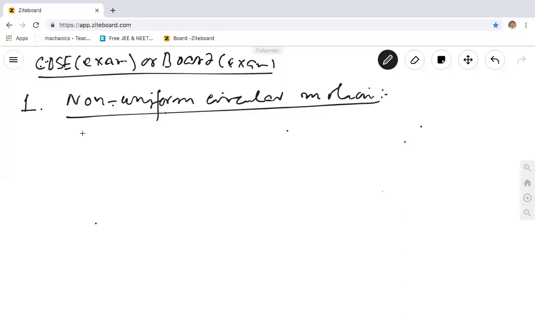What is the single most important point in non-uniform circular motion?